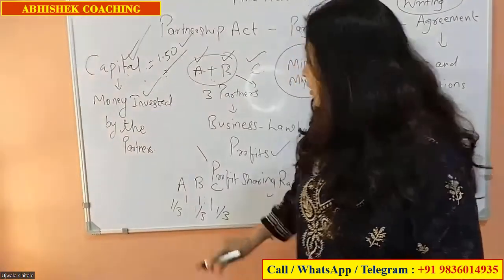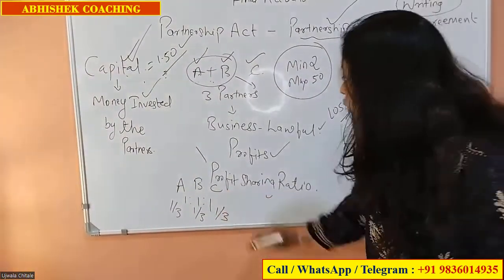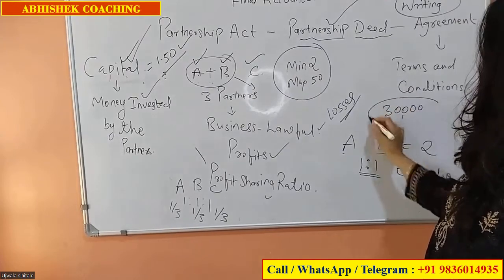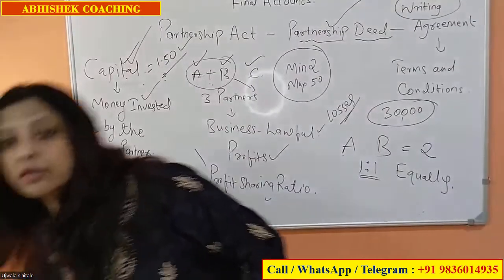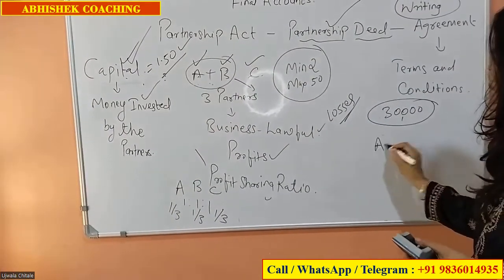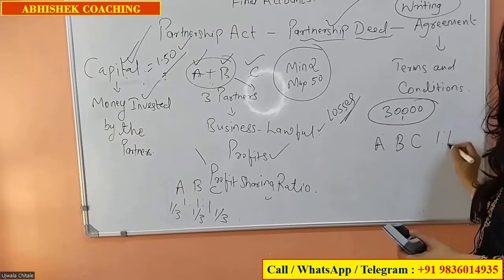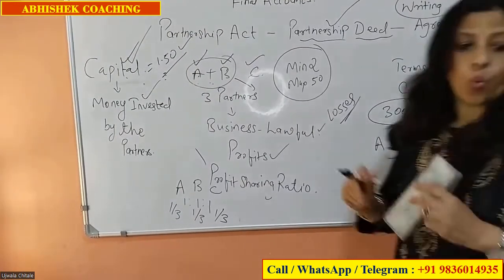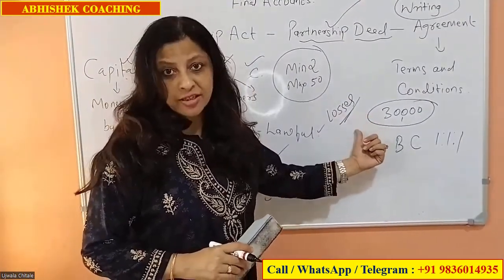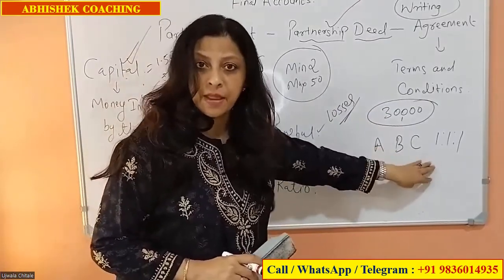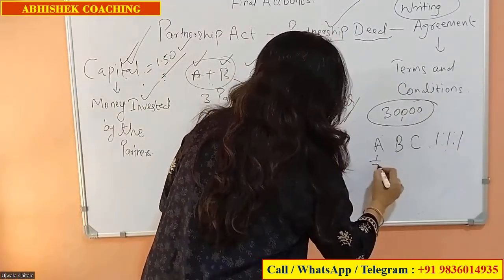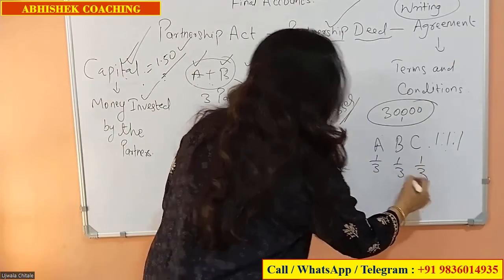So let's assume that this firm earned a profit of rupees 30,000, and there are three partners, A, B and C, who are sharing profits in the ratio of 1:1:1, that means 1/3, 1/3, 1/3.